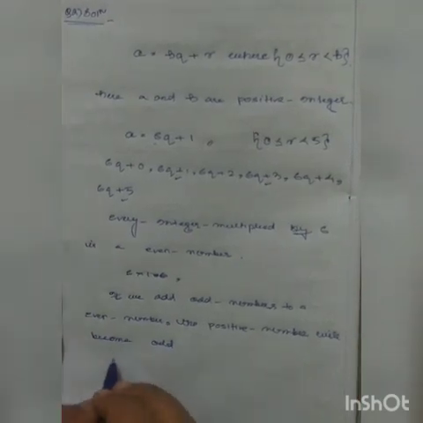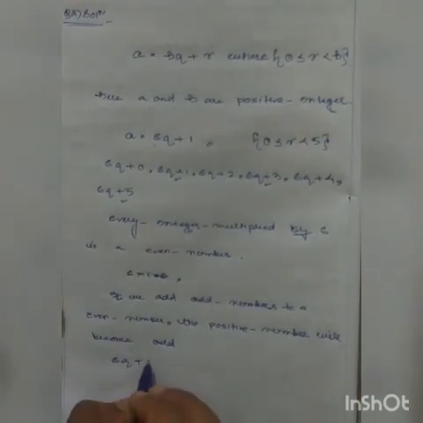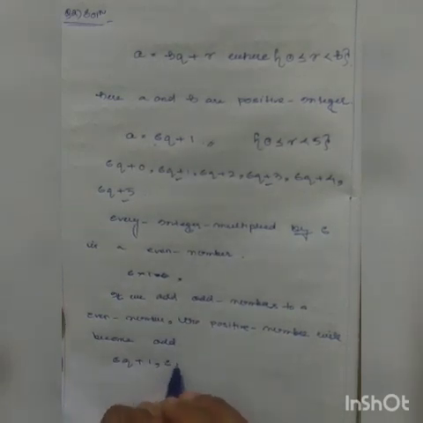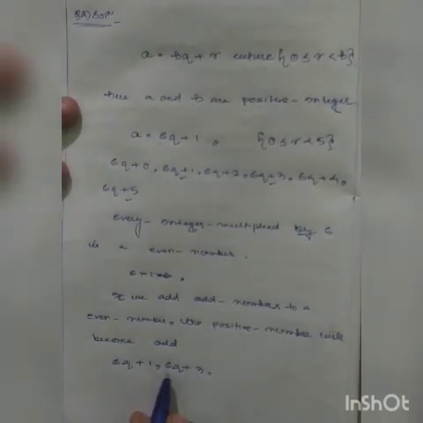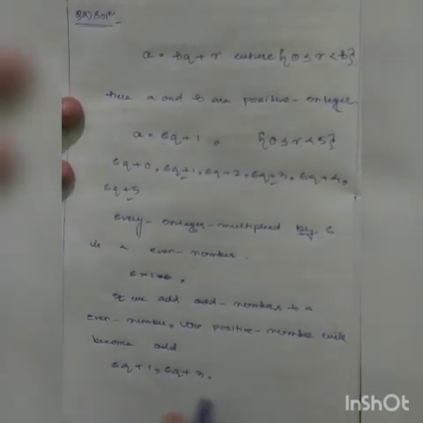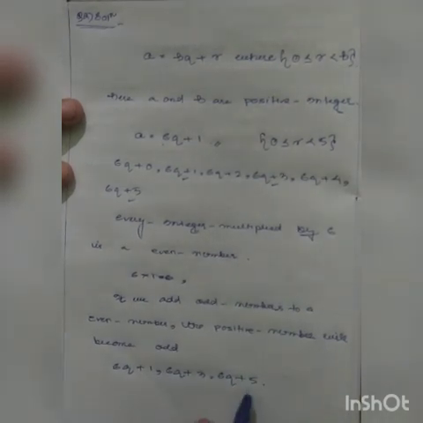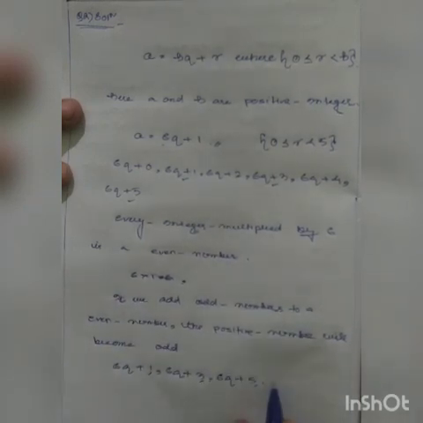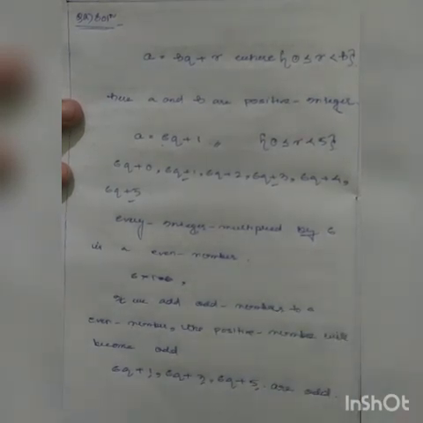So 6q is even. So if we add an odd integer, that is 1, it will become odd. So 6q plus 3, if we add an odd integer to an even integer, it will become odd. So 6q plus 5, in this case also it will be the same. So 6q plus 5, 6q plus 3, 6q plus 1, these all are odd. I hope you have understood this.